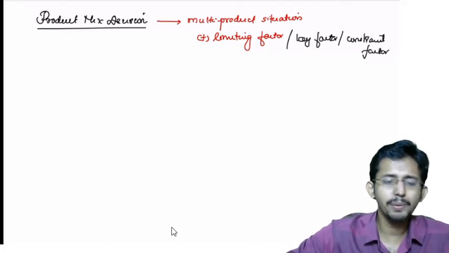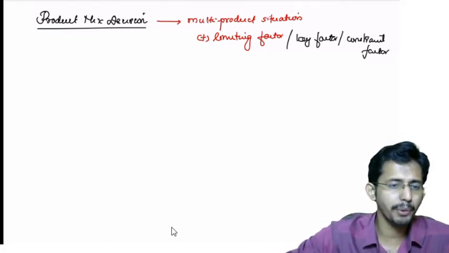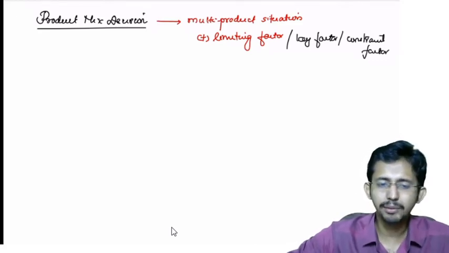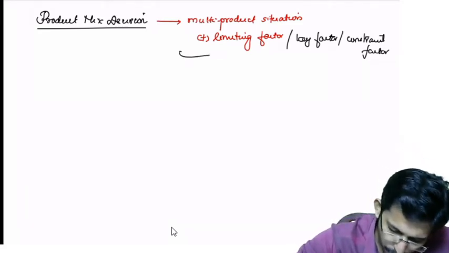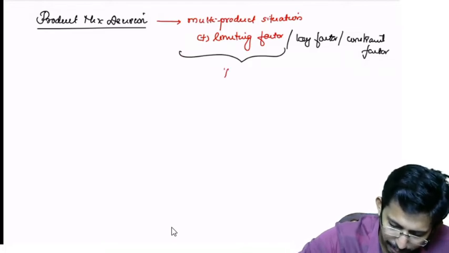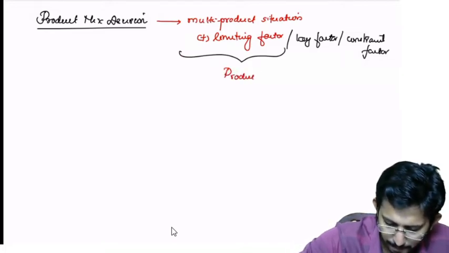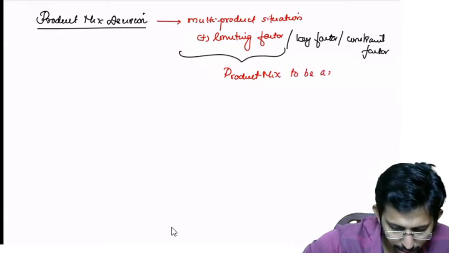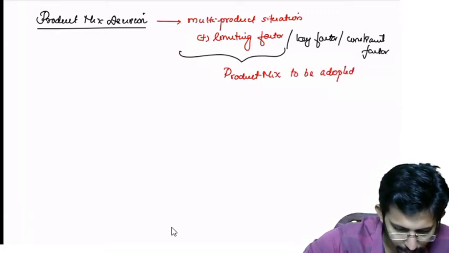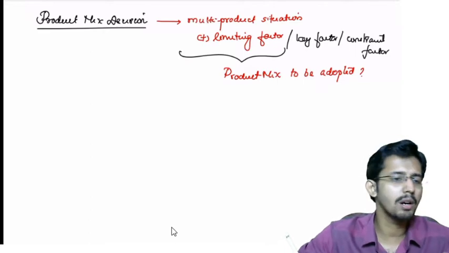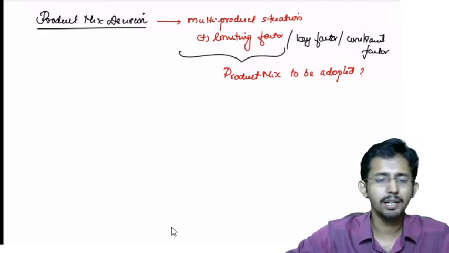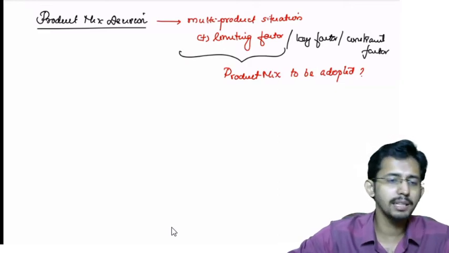So in a situation where there are more than one products, that is a multi-product situation, and there is a limiting factor, how do you determine the product mix to be adopted? Such decisions are what is known as product mix decisions. And what is the criteria to be adopted for determining the product mix?